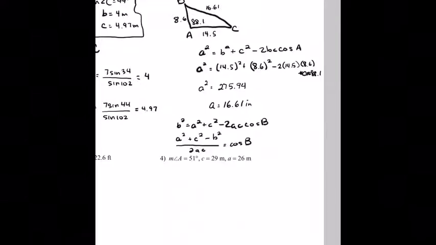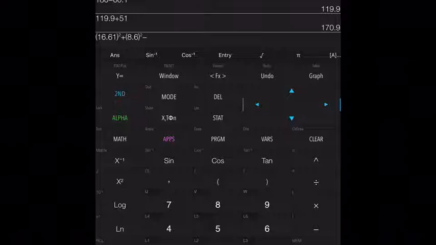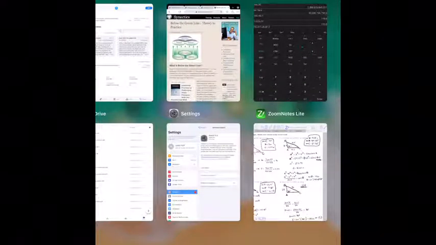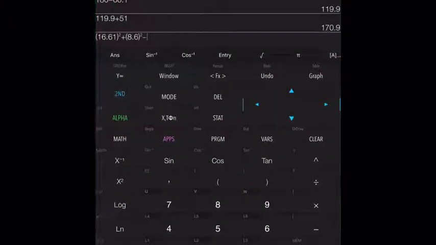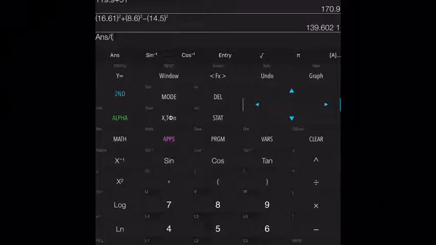So we've got to do a squared plus c squared minus b squared. Okay, so we need 16.61 squared plus 8.6 squared minus, b here is 14.5. And divide that by 2 times a times c.